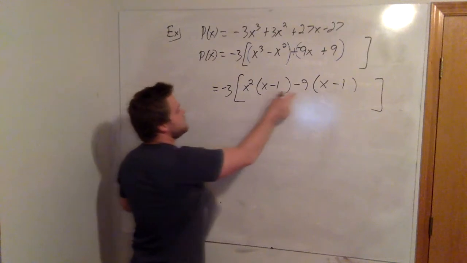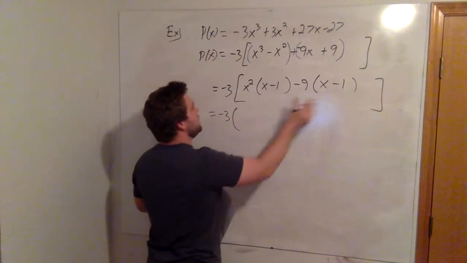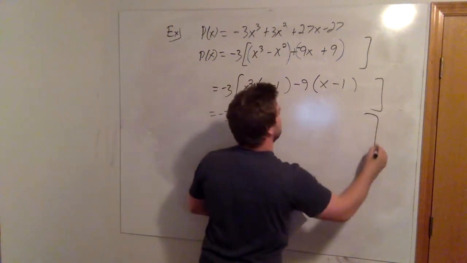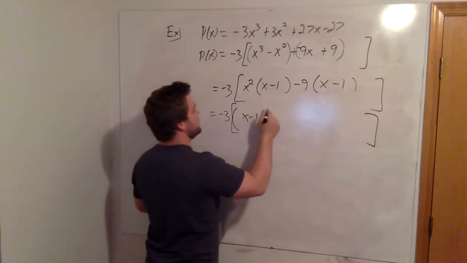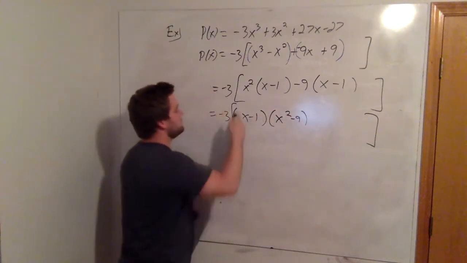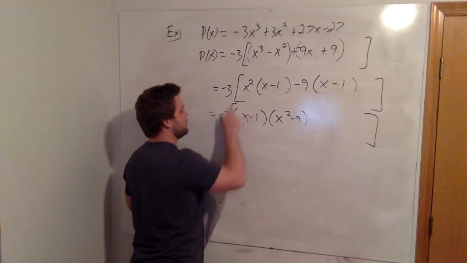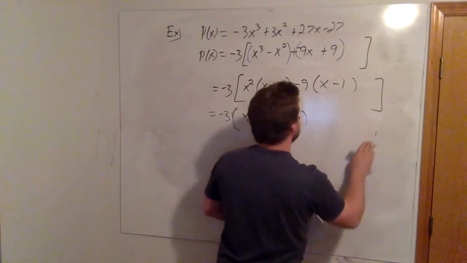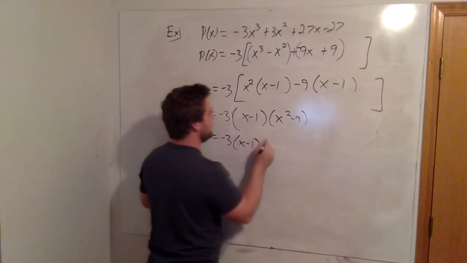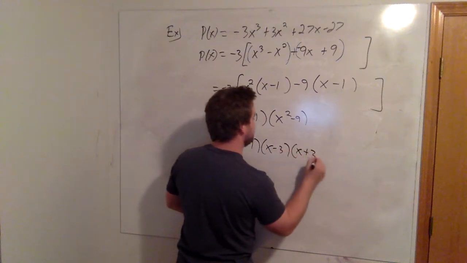So I have a common factor of x minus 1, so this will be negative 3 times the x minus 1. If you want, I can keep these square parentheses here. Factoring out the x minus 1, I'd be left with x squared minus 9. Now, these big square parentheses aren't doing anything for me, so I'm just going to erase those. This factors to negative 3 times (x minus 1) times (x minus 3) times (x plus 3).